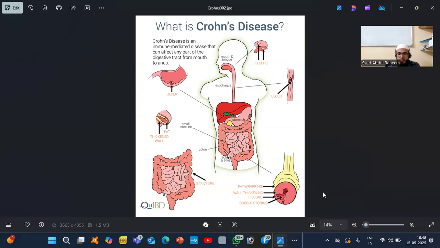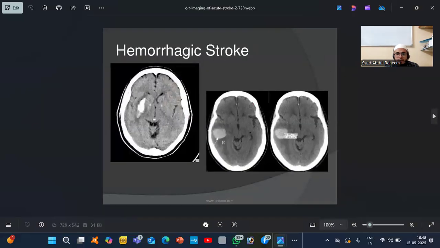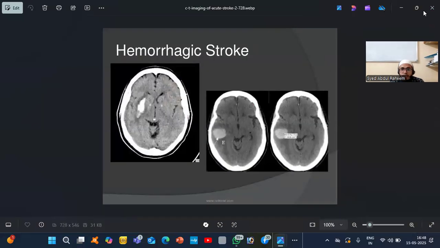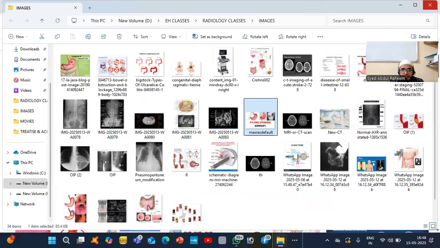For ulcerative colitis, the investigation of choice is colonoscopy. With the help of colonoscopy, an endoscopy, you can easily diagnose ulcerative colitis if there is any problem. So let's discuss all the things.